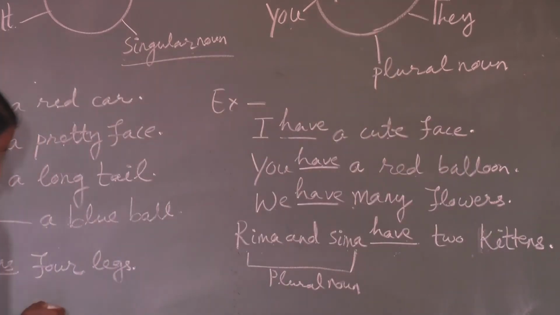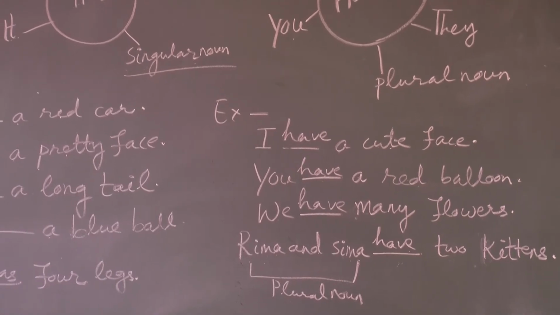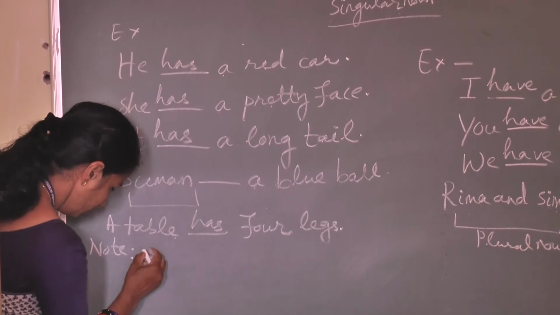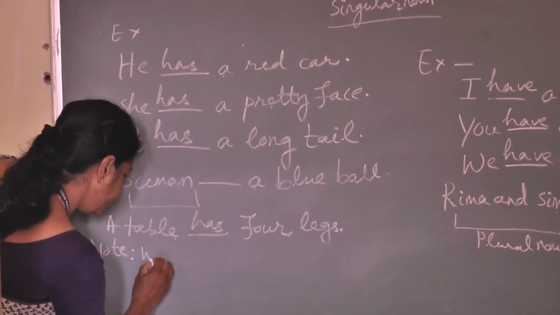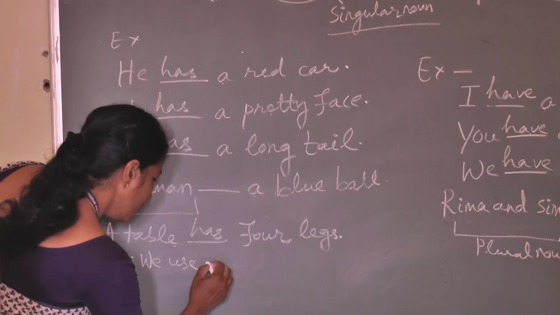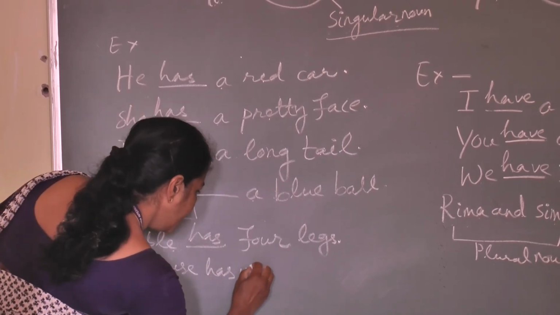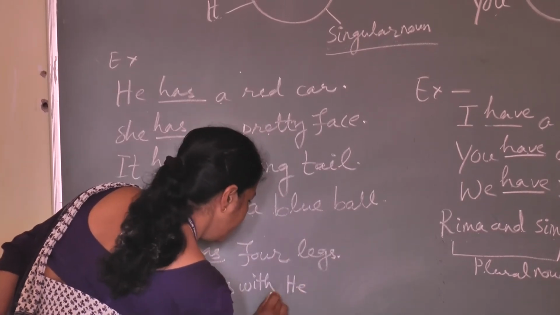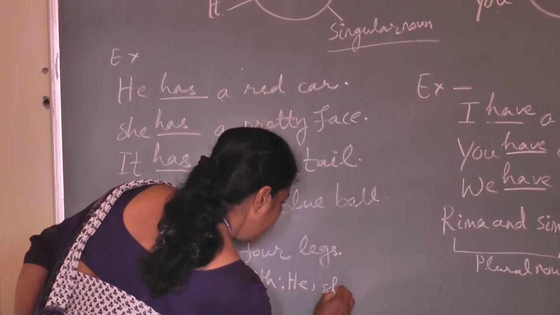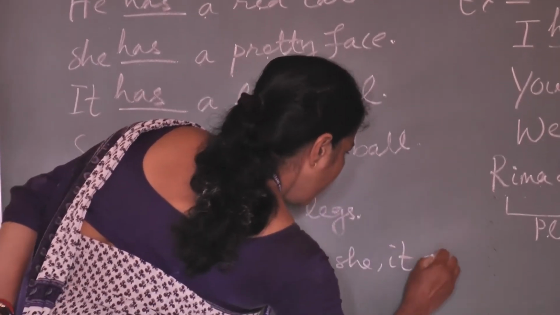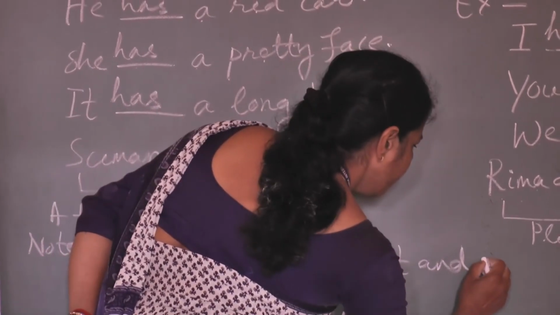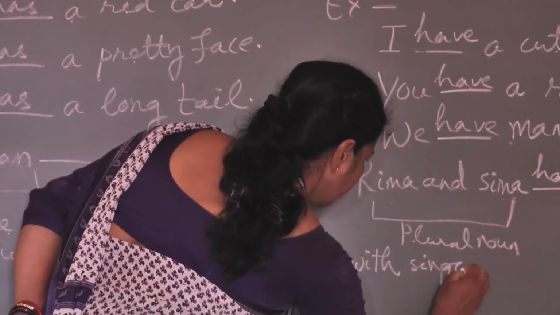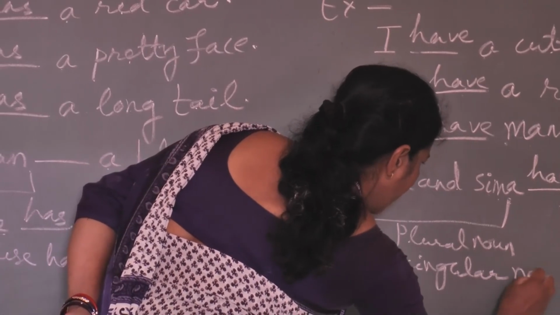Okay. Now I am writing the main points here. Note. You write down, children. We use has with he, she, it, and with singular noun.